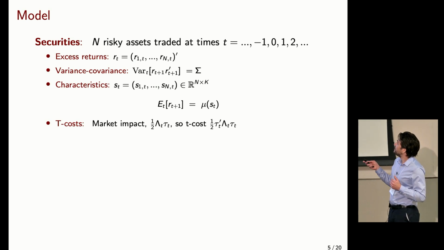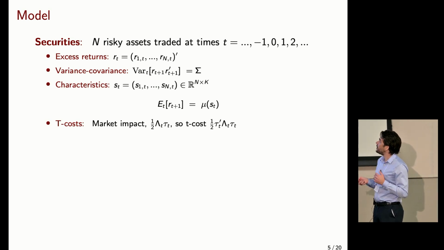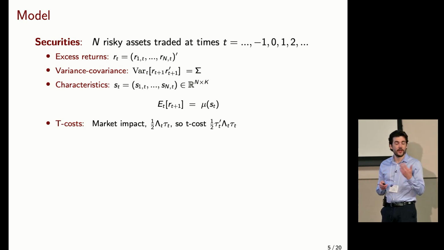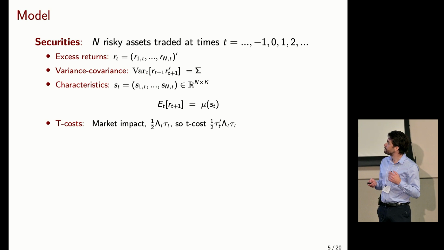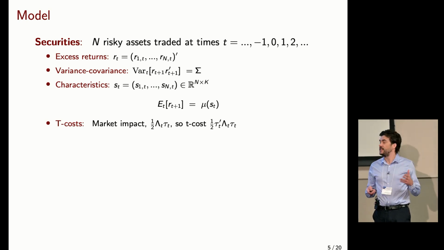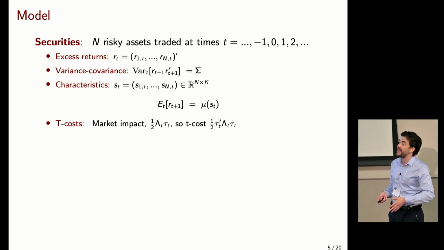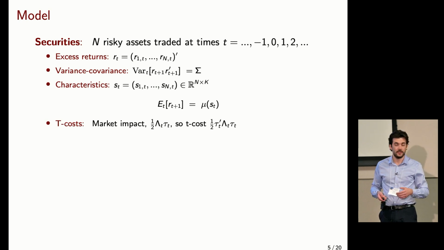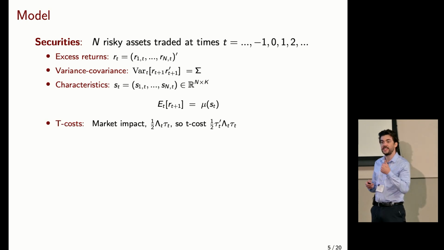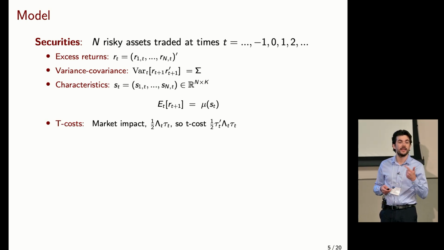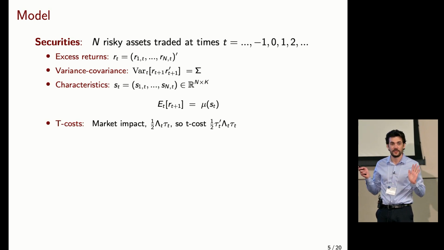These stocks have excess returns collected in the vector R. We assume that the variance-covariance matrix is constant over time. Then for each of these stocks, we characterize them by a vector of characteristics. That can be the size of the stock, the book to market, the momentum of the stock, and so on and so forth.